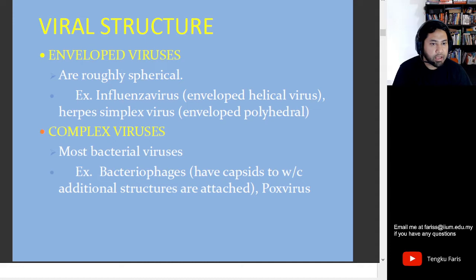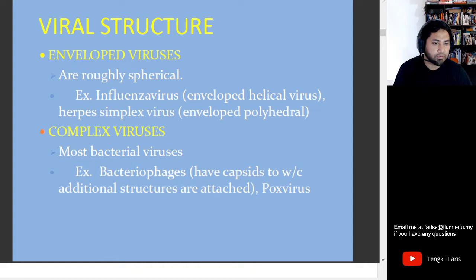Finally, we have another type of viruses which are complex viruses. Most of them are the bacterial viruses, just like the bacteriophage that I have shown to you previously. They have capsids, and at some point they have an additional or extra structure attached to it. An example is the pox virus, and also bacteriophage.